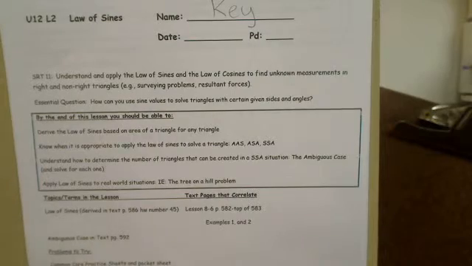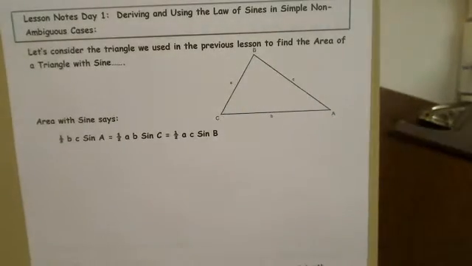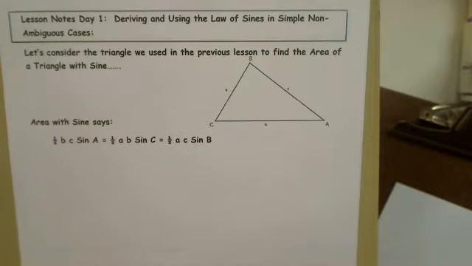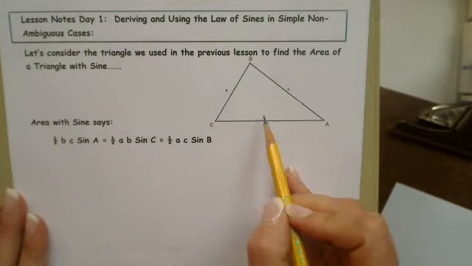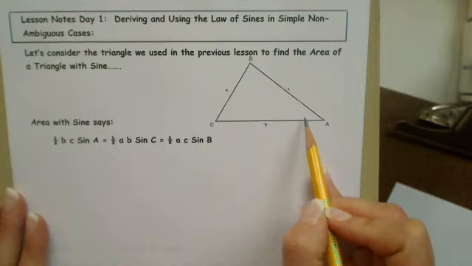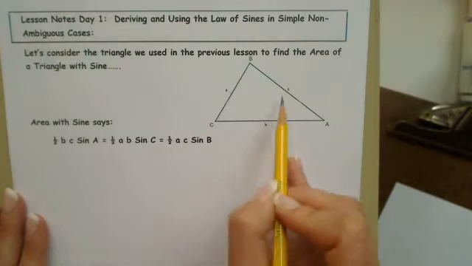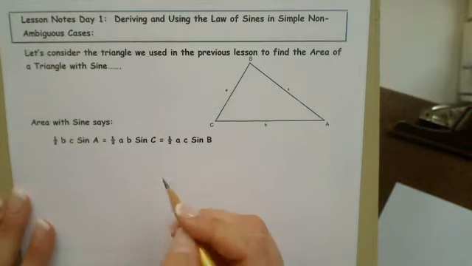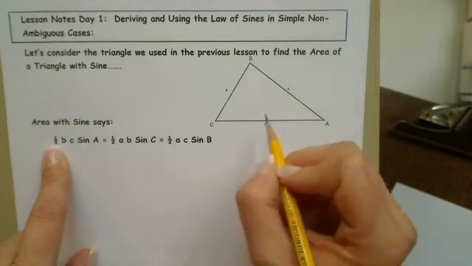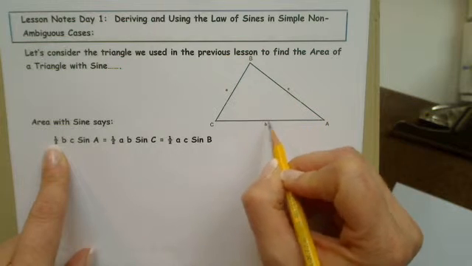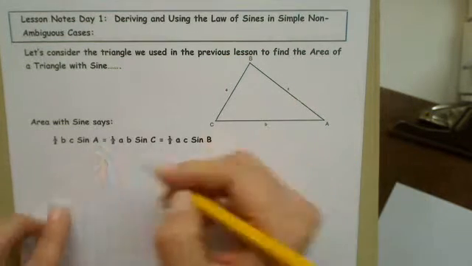So we're going to start with going back to what we did before, using area with sine. We learned that for a triangle, the same exact triangle we used, ABC, with sides of A, B, and C, the area with sine says that you can do 1/2 times B times C times sine of A, the angle between them.